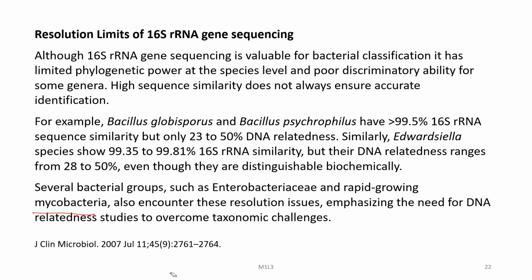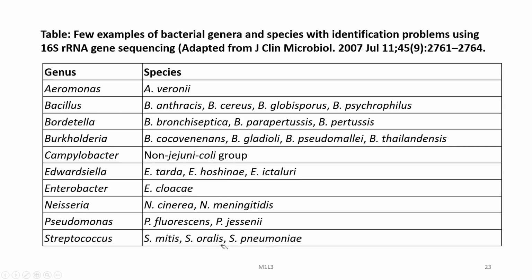So, while using tools like 16S RNA, we should be a little bit cautious and always look for the DNA relatedness in parallel experiments. This table lists some examples of bacterial genera and species with identification problems while using 16S RNA gene sequencing.